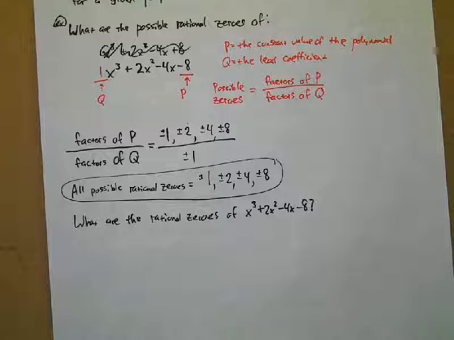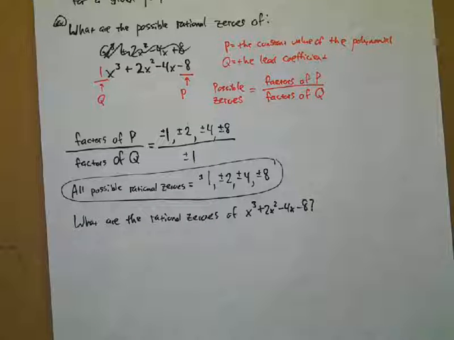Yeah, Sean? All right, absolutely. One way you can do this is just take turns substituting these in for x, and then they should give us 0 if they work. So yep, that's one way to do it.